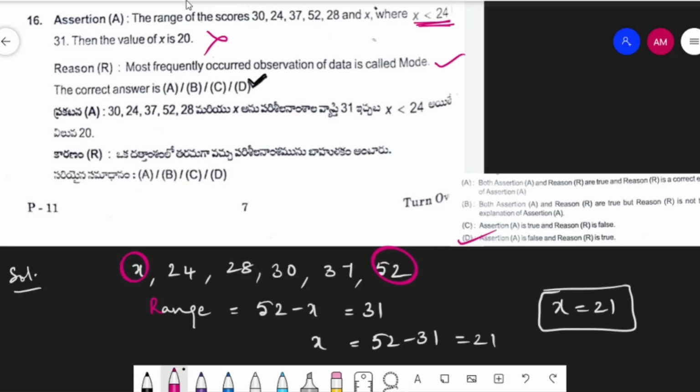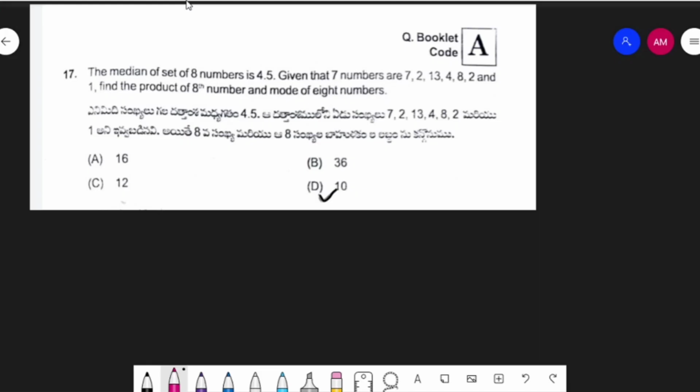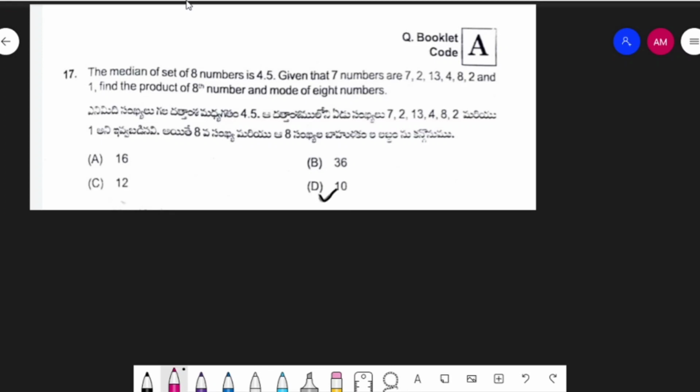Let us move to the 17th problem. The median of a set of 8 numbers is 4.5. Given that 7 numbers are 7, 2, 13, 4, 8, 2 and 1, find the product of the 8th number and the mode. Here they gave 7 numbers. We have to find the 8th number and the product of that number and the mode of the 8 numbers.